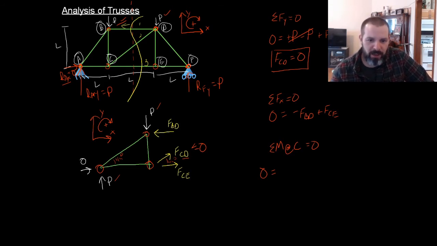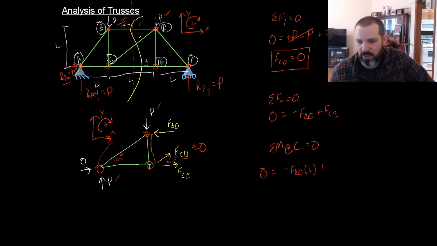0 is going to equal, so we're summing the moments here. We'll have FBD, which is causing a counterclockwise rotation, so it'll be negative. We'll say minus FBD times L. And then we'll have P causing a positive clockwise rotation.